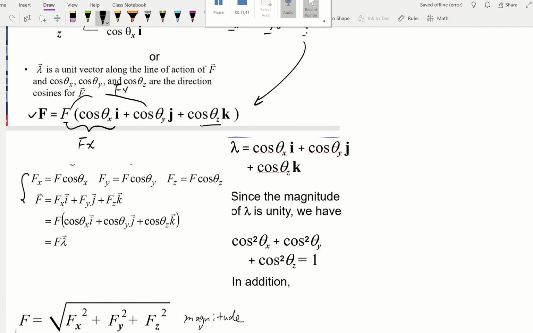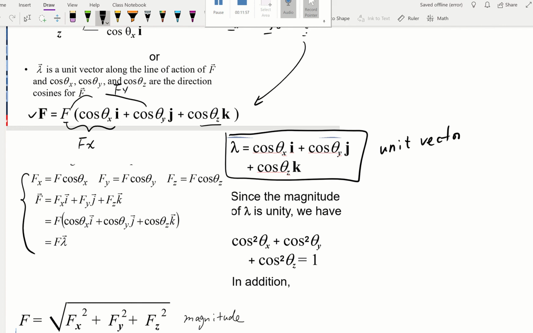Okay, so this is exactly what we just did, right? So we just did that, and now we are going to introduce this concept called lambda. Lambda is also a unit vector. Unit vector only means the magnitude is 1.